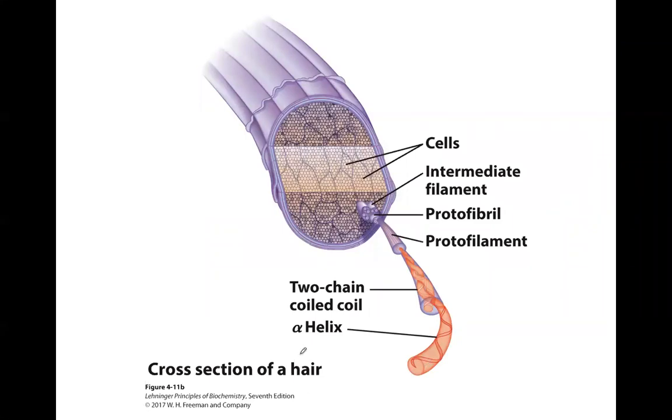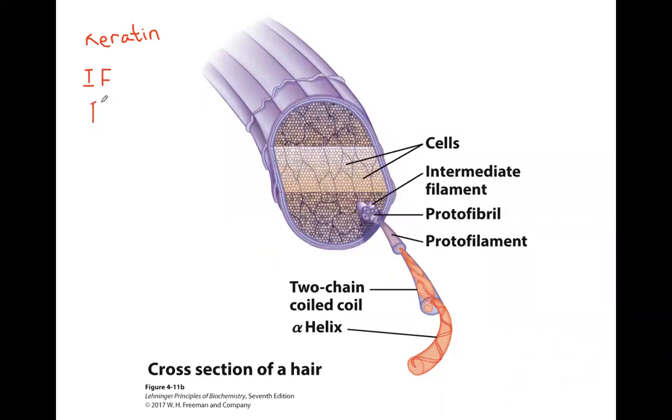So this is a cross-section of a hair, right? So these are different cells, okay? And you can see, so keratin is the type of protein that belongs to intermediate filament proteins.